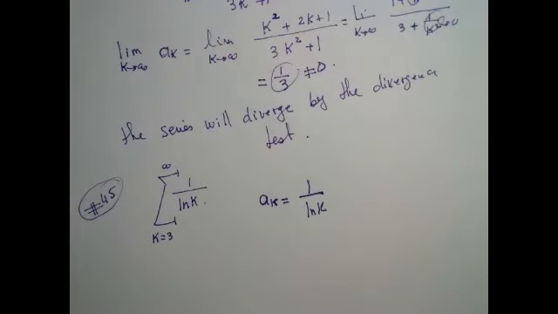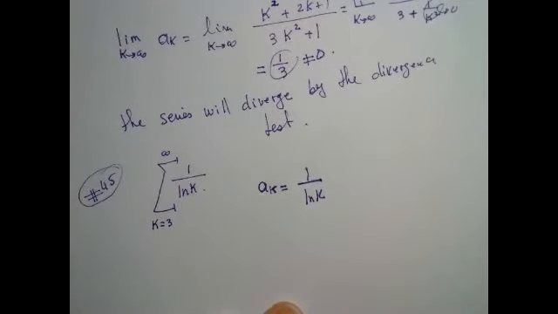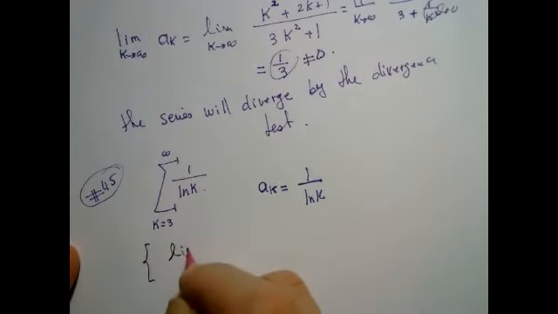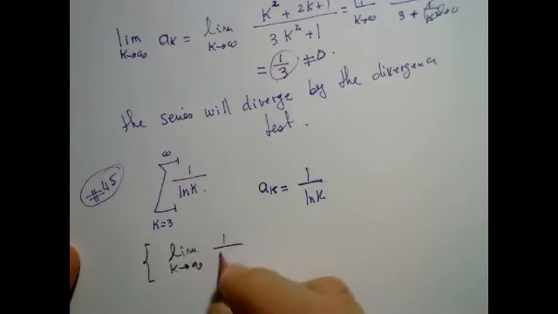Anybody has any idea? Would it be the divergence test? How? Tell me how. When k goes to infinity, that's the divergence test, 1 over ln of k. What's the limit?